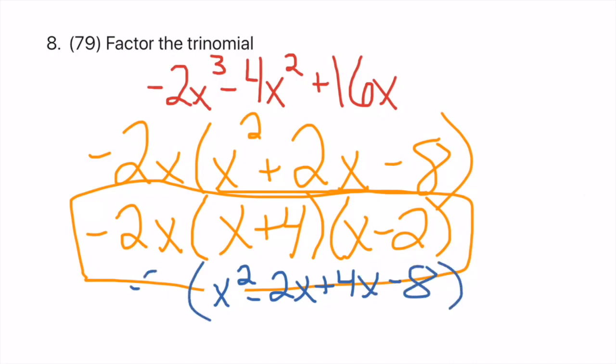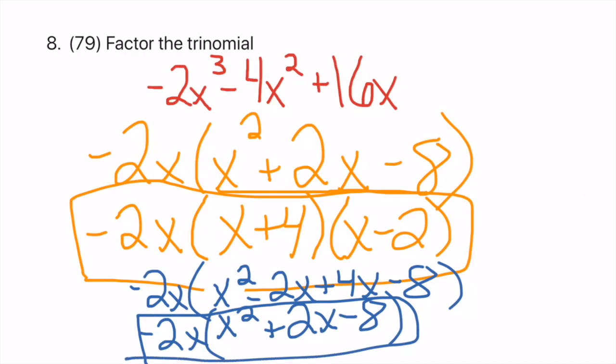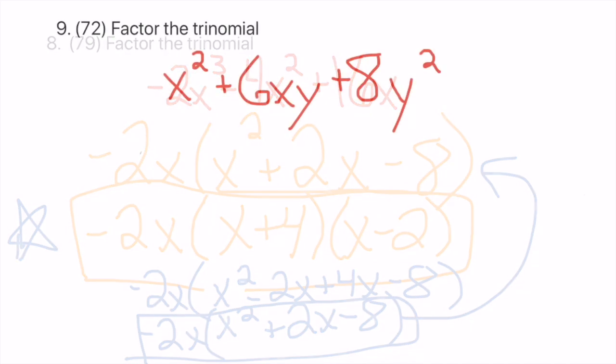And we still have this -2x out here. And then when we combine our middle numbers, we get x squared plus 2x minus 8, close parenthesis, -2x. And notice that this is exactly the same as that. So therefore, we did factor it correctly, and that's our final answer.